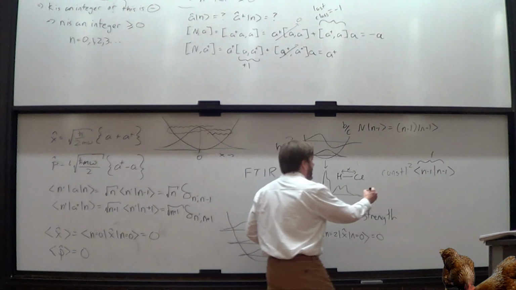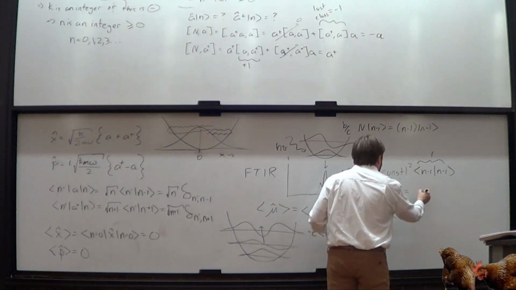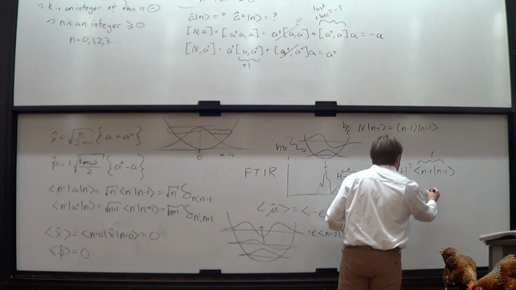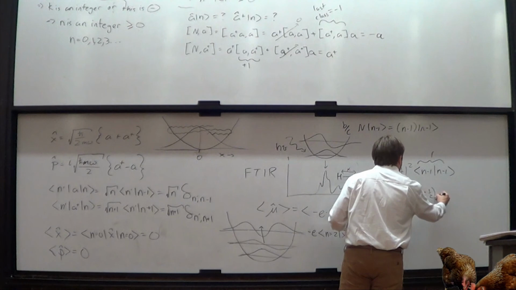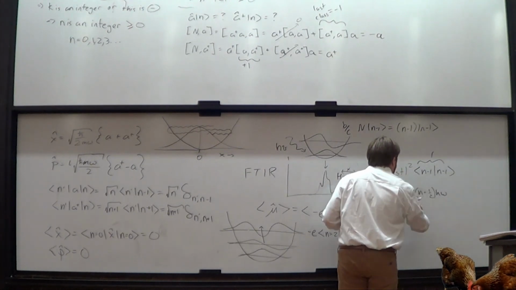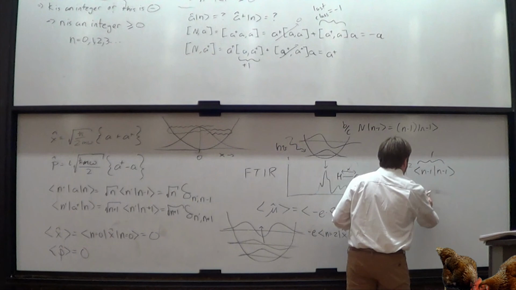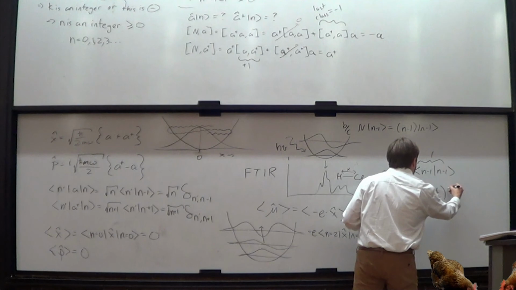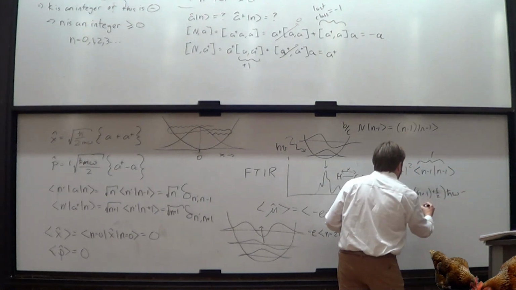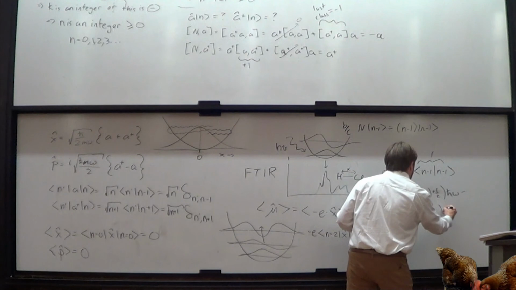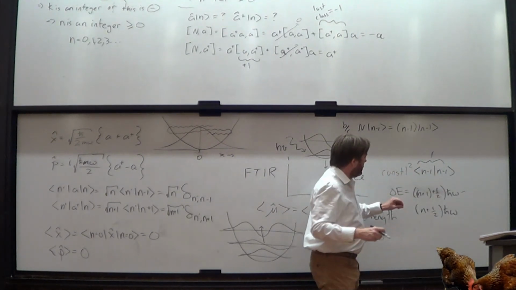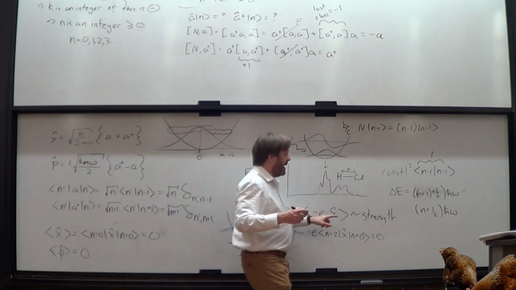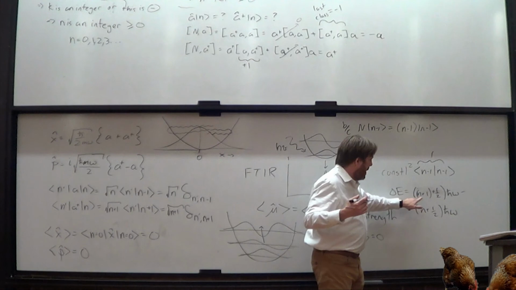Because delta E would be... okay, so to go from ground to first excited state, or first excited state to second excited state, it doesn't matter what n is.